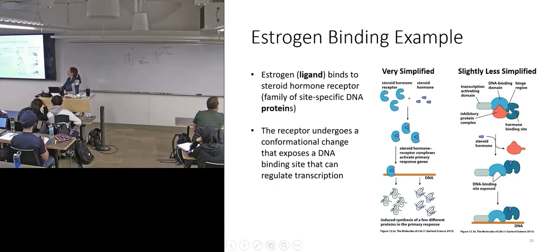There is a piece that's responsible for hinging and changing the conformation upon the binding of estrogen. There's the site meant for estrogen to bind. And there's also an inhibitory piece. So when estrogen comes in and binds, this inhibitory piece has to dissociate. The inhibitory piece is there to prevent this receptor from binding to DNA and initiating transcription when we don't want it to. It's in the way.